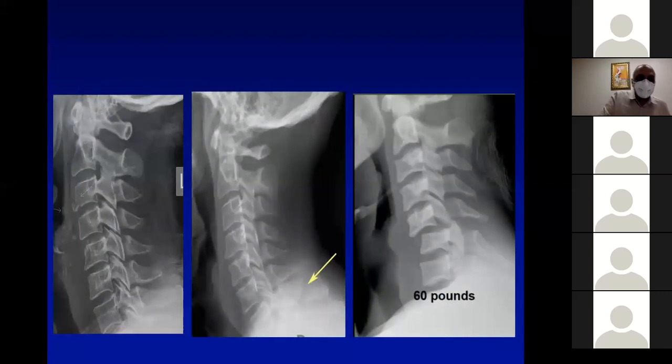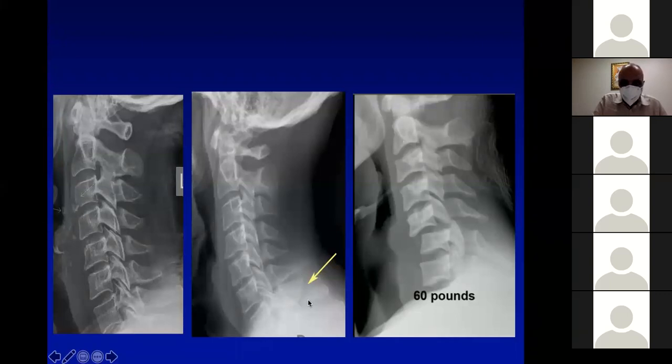This is some pathology regarding the cervical spine. There is a small fracture in the anterior inferior corner of C3 vertebral body. This is indicated by this arrow. You could see that the vertebral bodies are not malaligned, but there's a small fracture here.